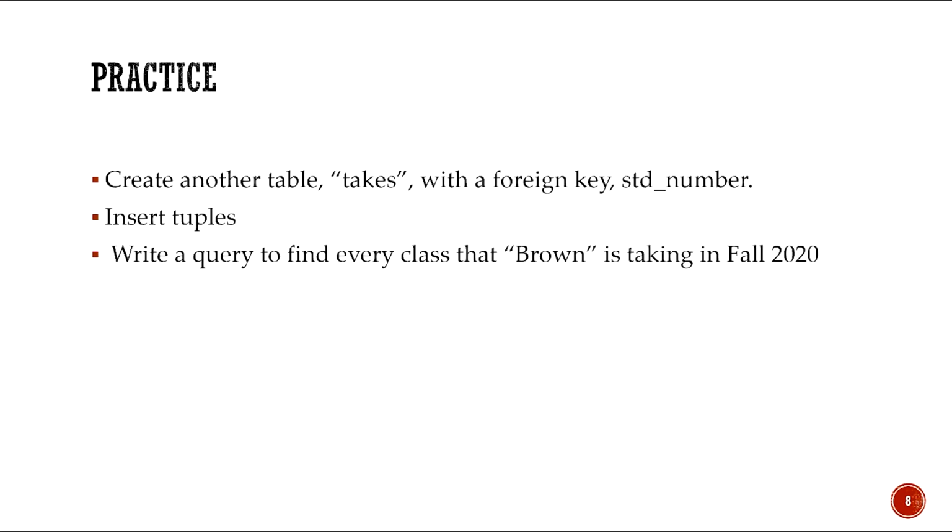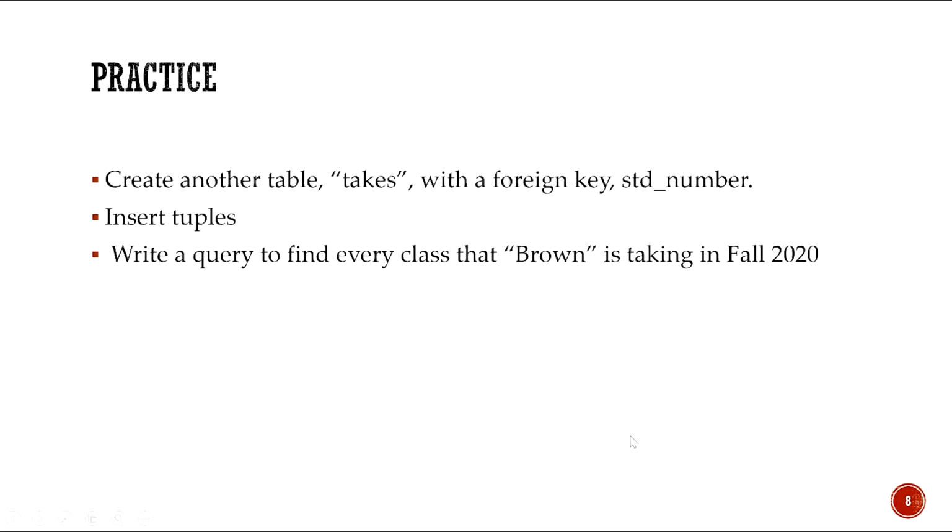Now I have a practice problem for you. You can follow the same format and create the same syntax and create another table named text with a foreign key, student_number, which is the primary key for student. Then insert tuples.